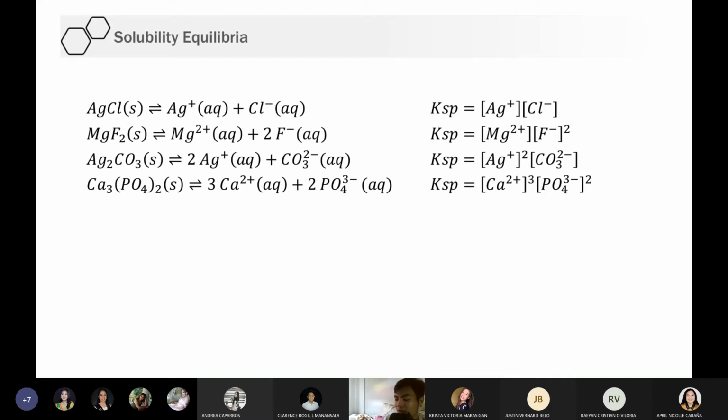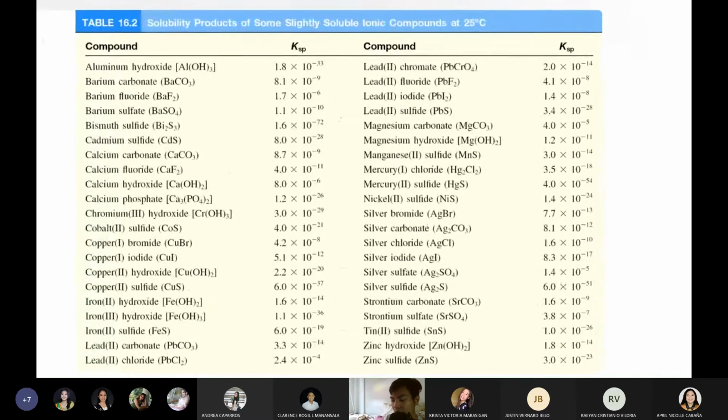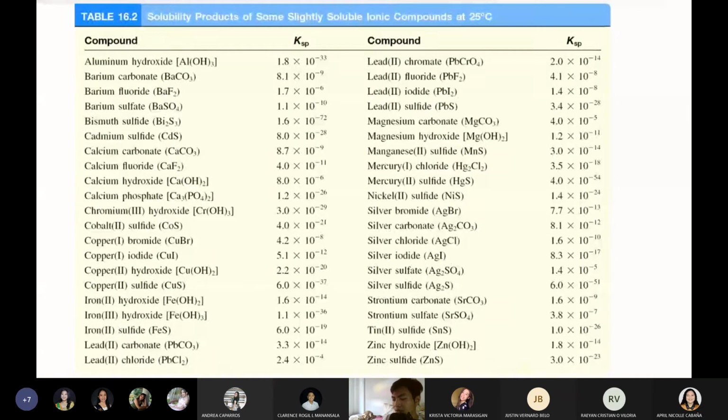And of course, each of the precipitates, meron silang Ksp values. If you can check, kung may copy kayo, pwede zoom in nyo na lang. As you can see, yung ating Ksp ay raised to negative numbers. Bakit? Kapag sinabi nating negative number yung exponent ng K, that is, mostly reactant yung natitira. Ibig sabihin, onting products lang na form.